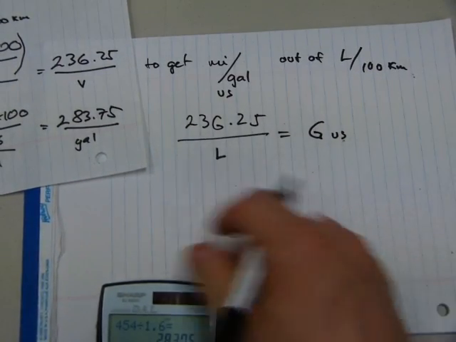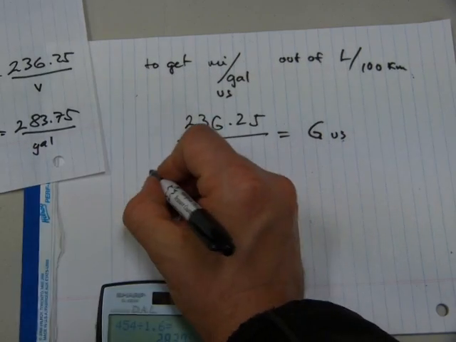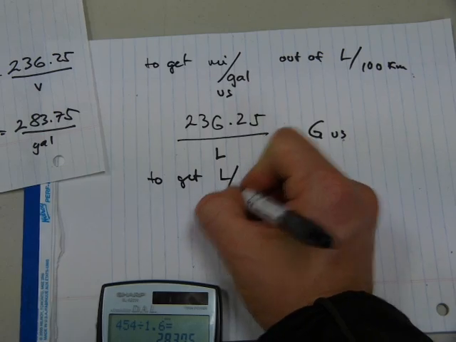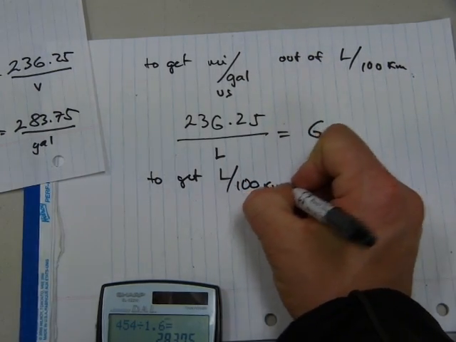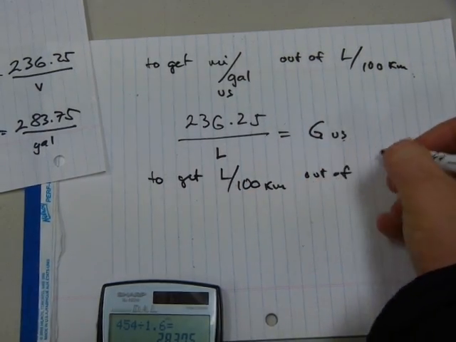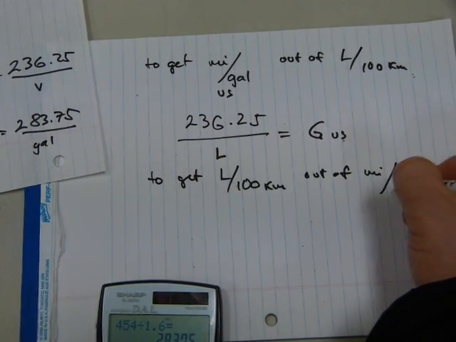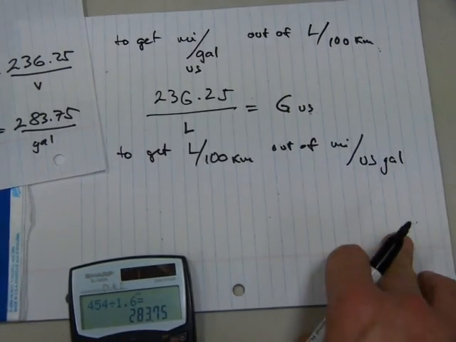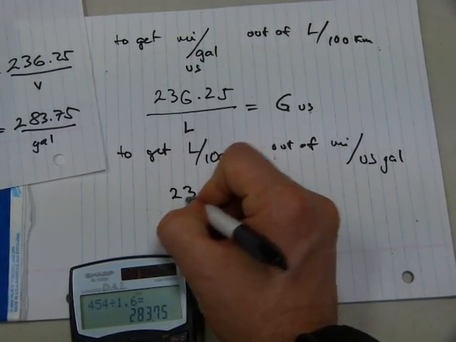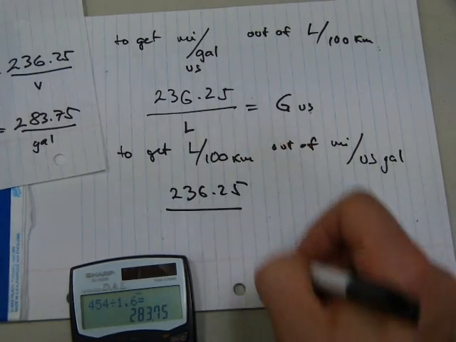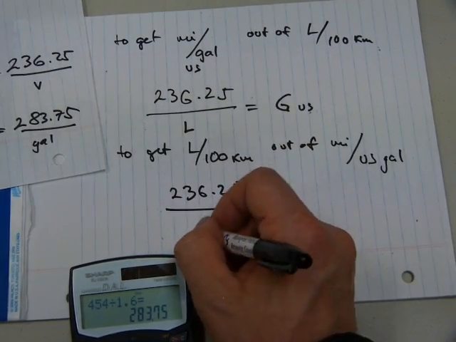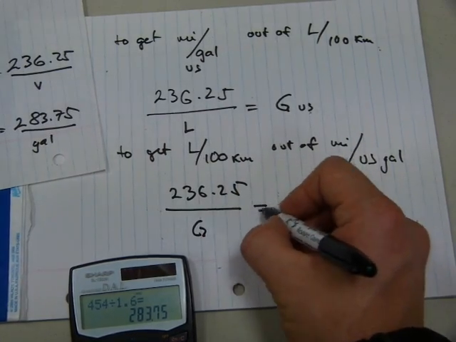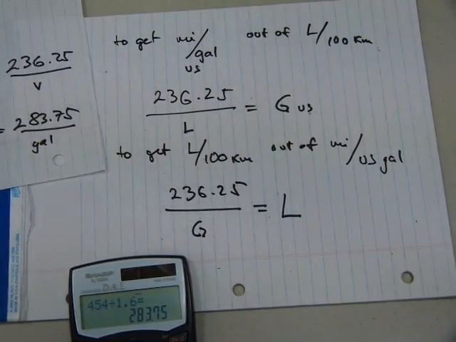Or to get liters per 100 kilometers out of miles per US gallon, what one needs to do is 236.25 gets divided by the number of miles per gallon, and you're going to get liters out of it.